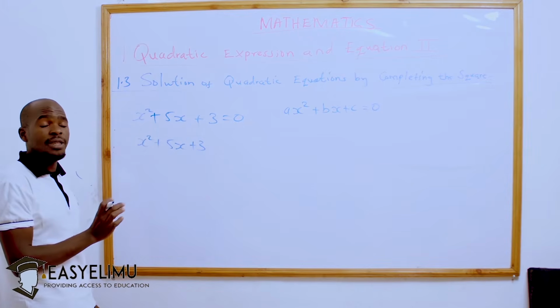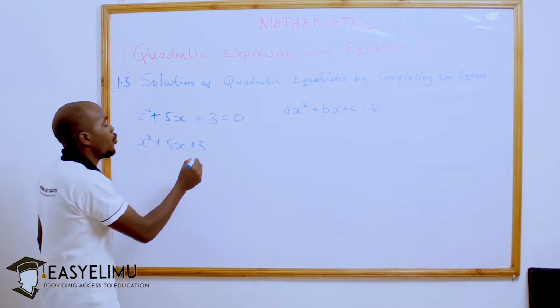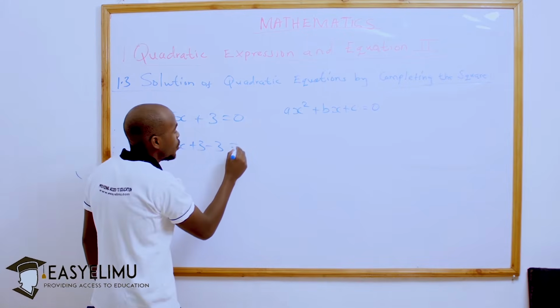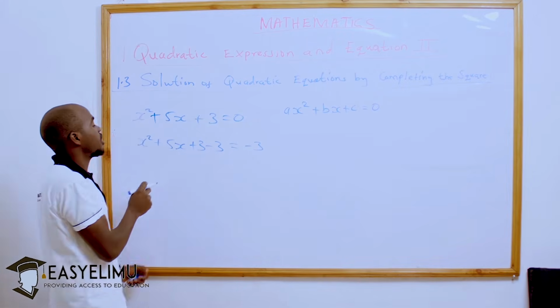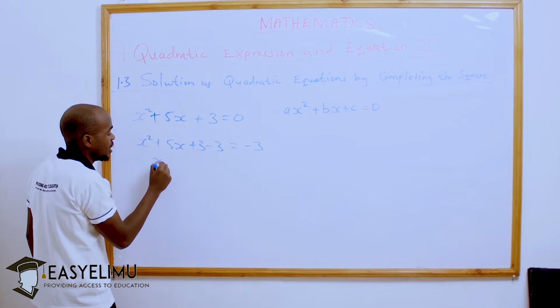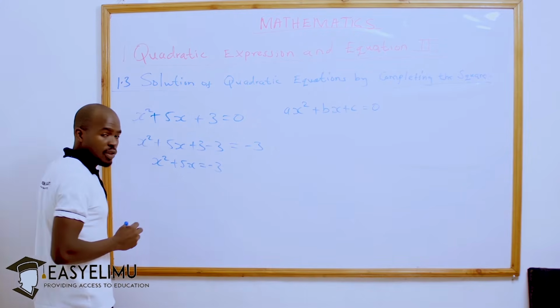If we subtract 3 on both sides, this one will be eliminated, and we shall remain with x squared plus 5x equal to negative 3.